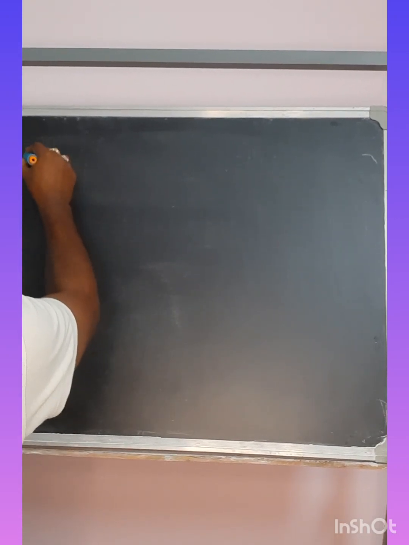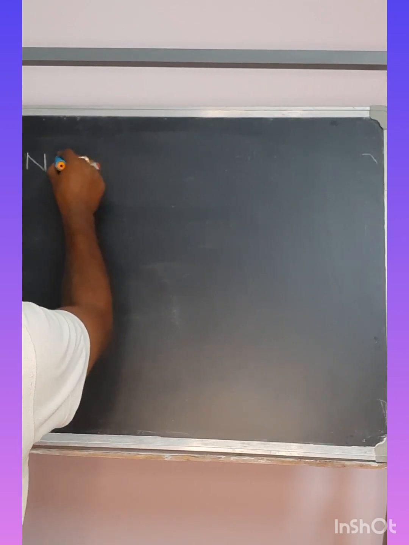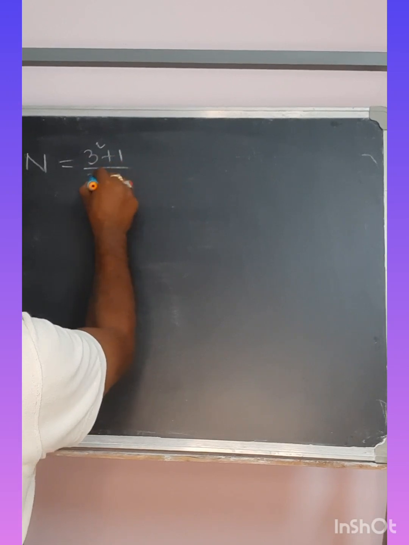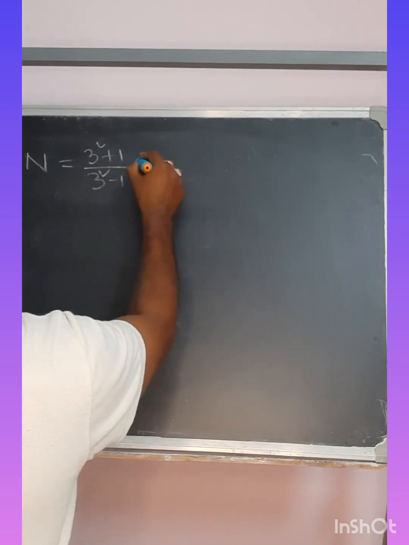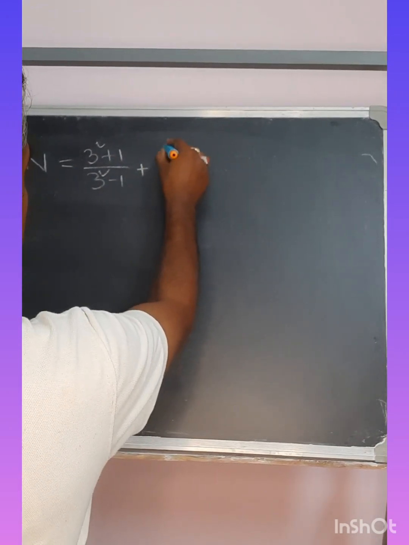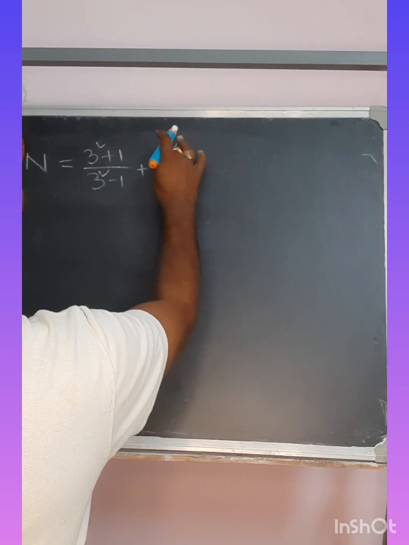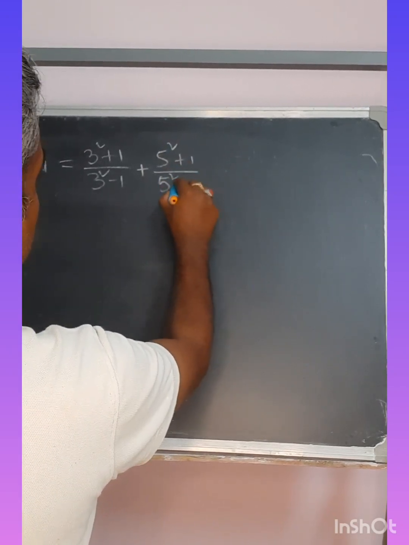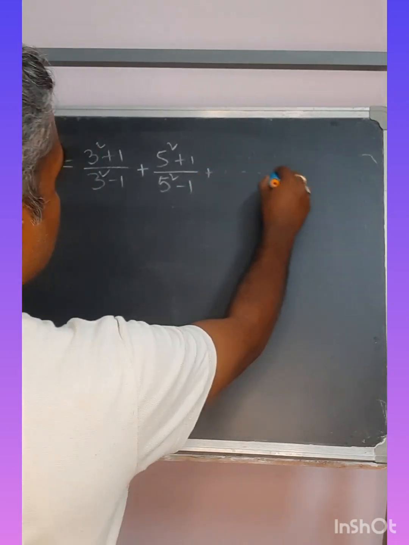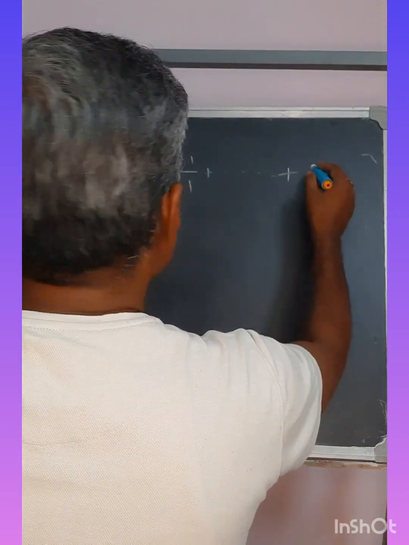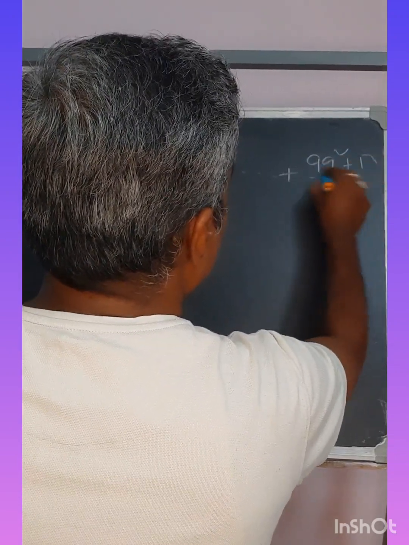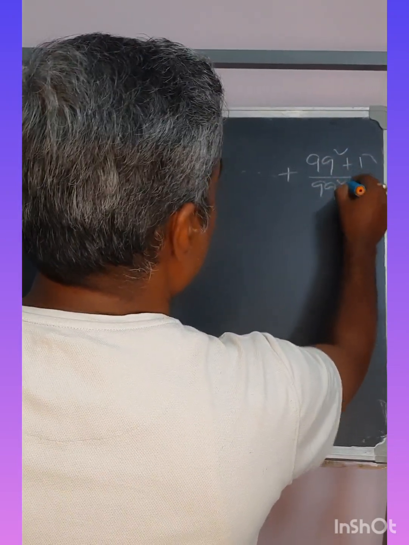The value is represented by n, which is equal to 3 square plus 1 over 3 square minus 1, plus the next term, 5 square plus 1 over 5 square minus 1, and like that it will extend up to 99 square plus 1 over 99 square minus 1.